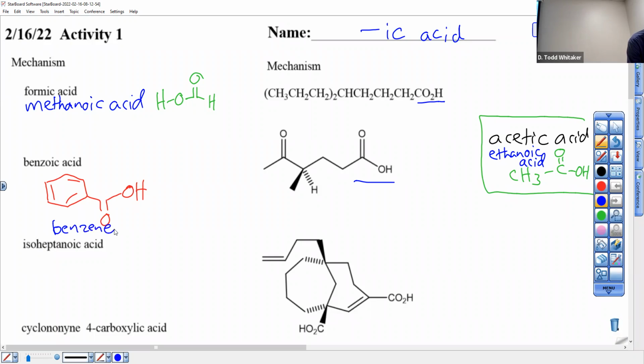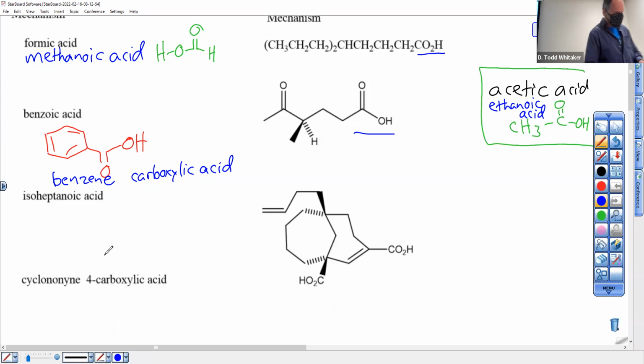And you can add the word carboxylic acid on the end. I hope that looks familiar, because we did the same thing with aldehydes when they were sticking off of rings. We added the word carbaldehyde at the end. Here it's not an aldehyde, it's an acid. So you have the two words, carboxylic acid at the end. Just like the fourth example down here. Looking forward to that.